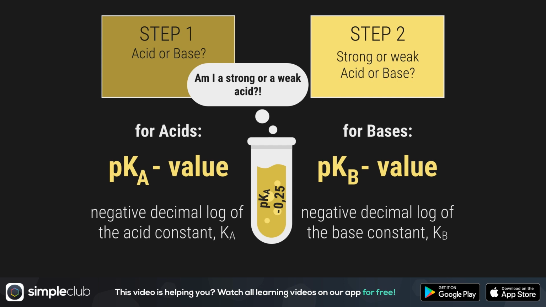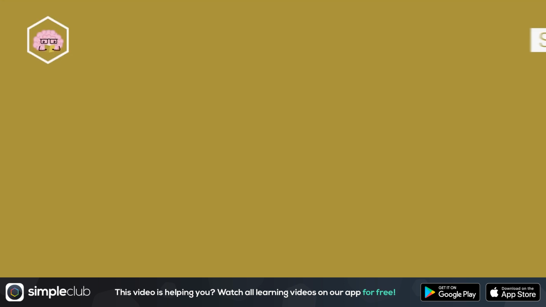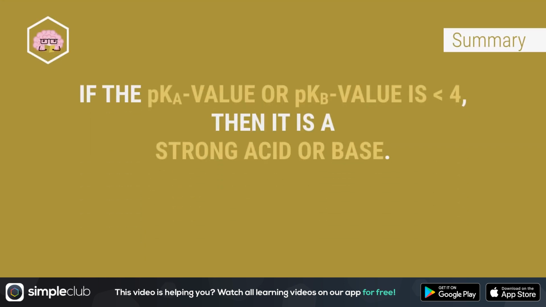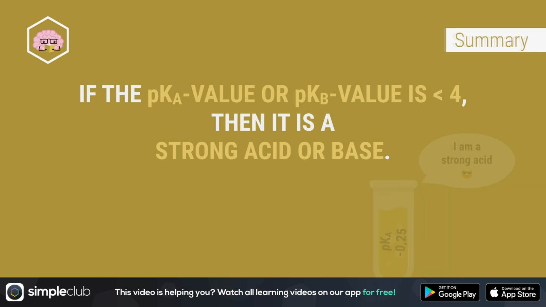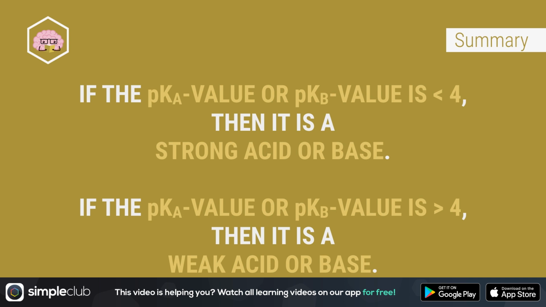Great! And how do you know that? Here are some rules of thumb. If a pKa or pKb value is less than 4, then you have a very strong to strong acid or base. We would say an acid with a pKa value of -0.25 is a very strong acid. All values over 4 describe weak acids and bases.